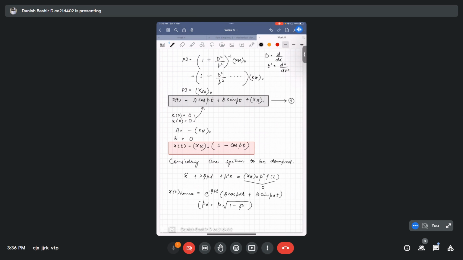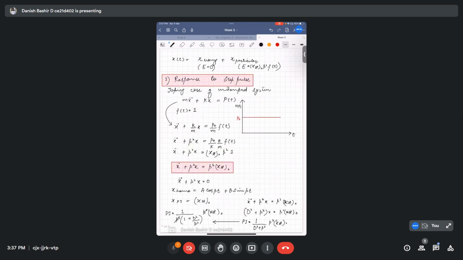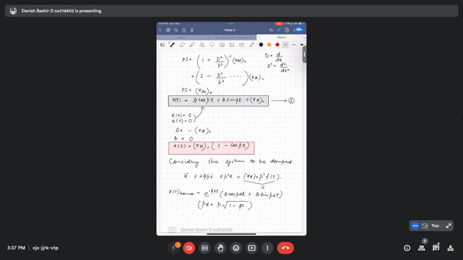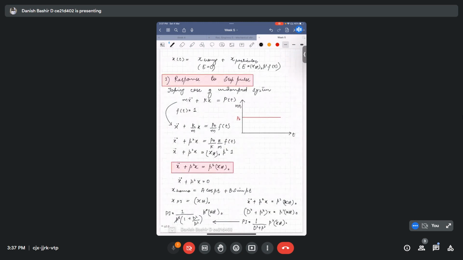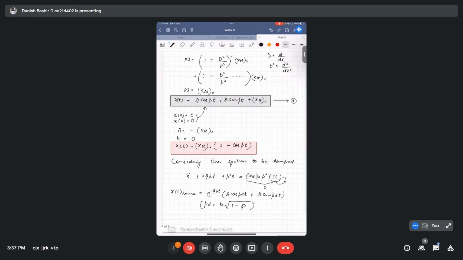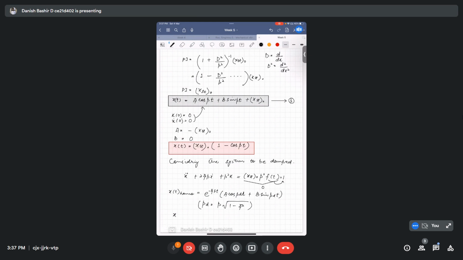Similarly, since this x static naught p square f of t is not changing here, because we already had f of t equal to 1, x static naught p square is the same thing here. So the particular integral xpi will again be equal to x static naught.